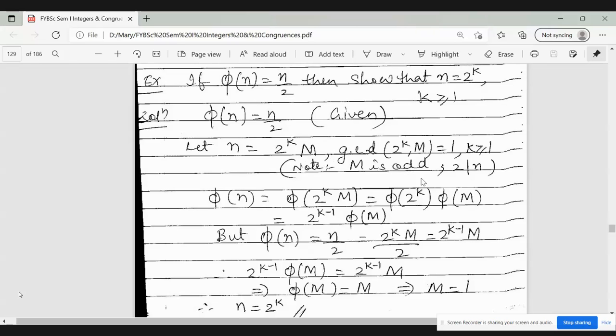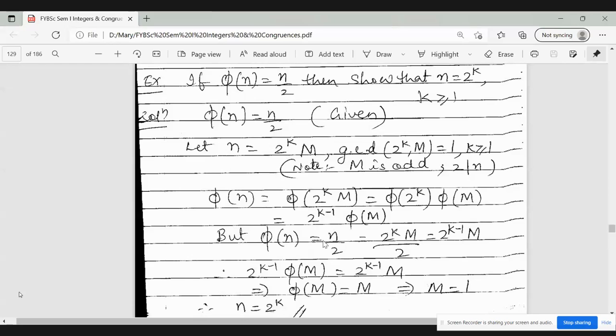So phi of n is phi of 2 raised to k into phi of m, because the GCD is 1. We don't know what m is, so we keep it as it is.